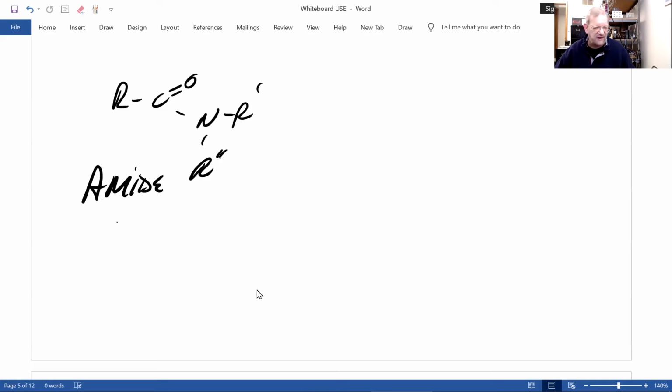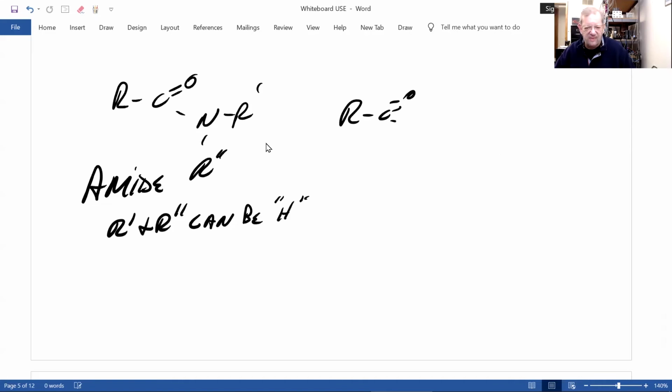Now, the way I have it written, R prime and R double prime can be hydrogen, not only just carbons like you normally see, and one or both can be, and that's an amide. Now, quick thing, when R prime and R double prime are hydrogens, this is an amide also. And this is very long.